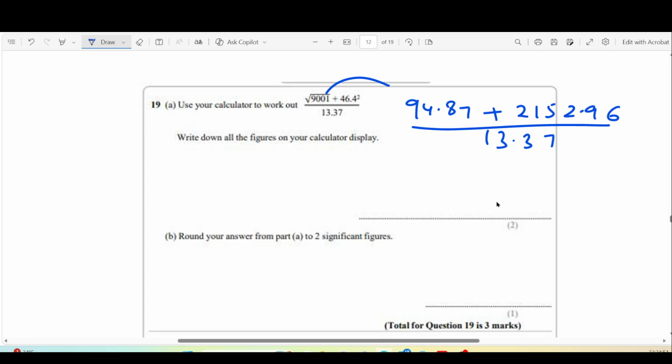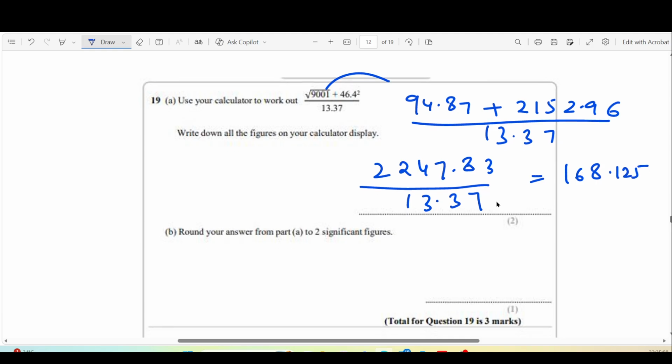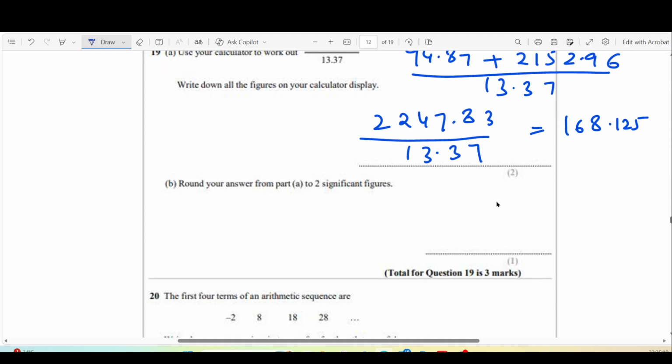So if you just add them, you will get 2247.83, and then you divide it by 13.37, so we'll get 168.125. And then round it to two significant figures.